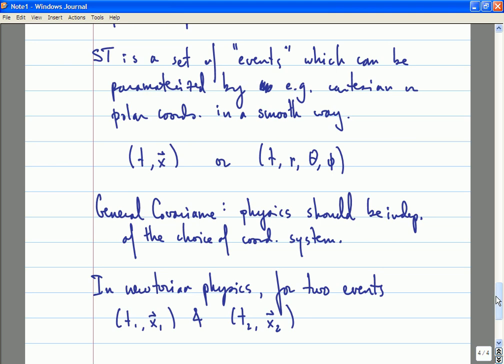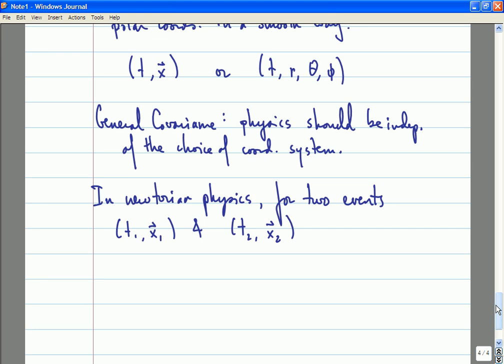Something that will, however, have physical significance would be the difference in time between t2 and t1, or likewise the difference in position, delta x, between the two points. So the distance between the two points, delta x, will be given by the Pythagorean formula. So it's x2 minus x1 dotted into itself, and then we take the square root.